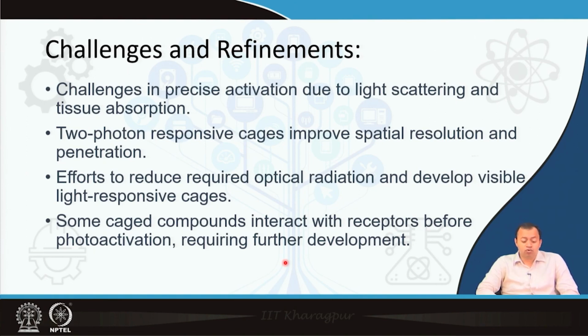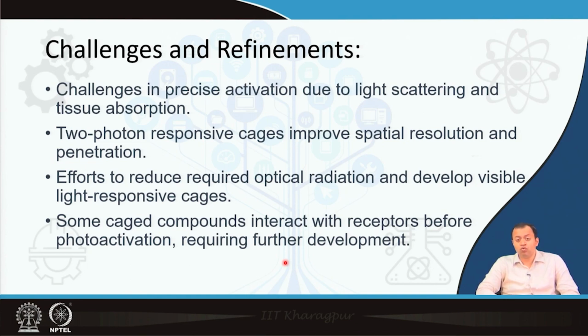So, we have to create nanoparticles which are very specific for specific purposes. Some caged compounds interact with receptors before photoactivation, requiring further development. So, 2D materials are coming up very strongly, but this is a completely unexplored area.